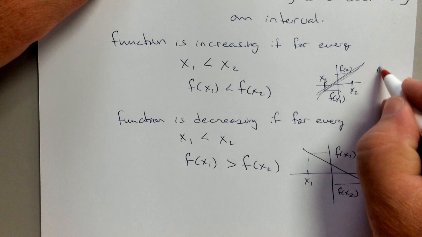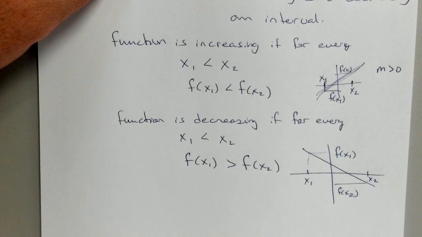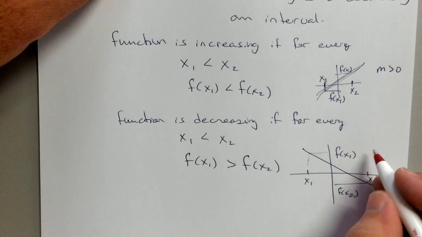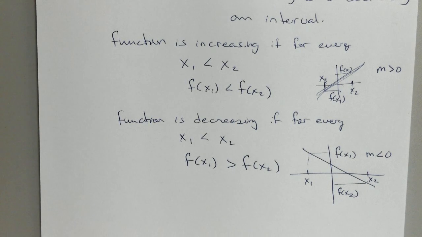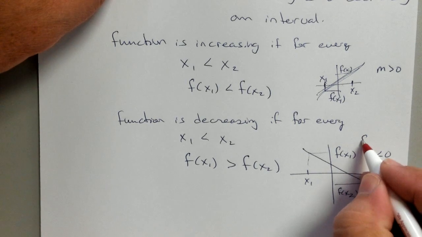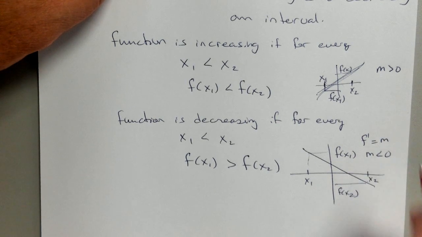The slope is positive. The slope is greater than 0. If it's a decreasing function, then the slope is negative. Why do we use slope? Well, how does that relate to what we're talking about? Exactly, because the first derivative is the slope.